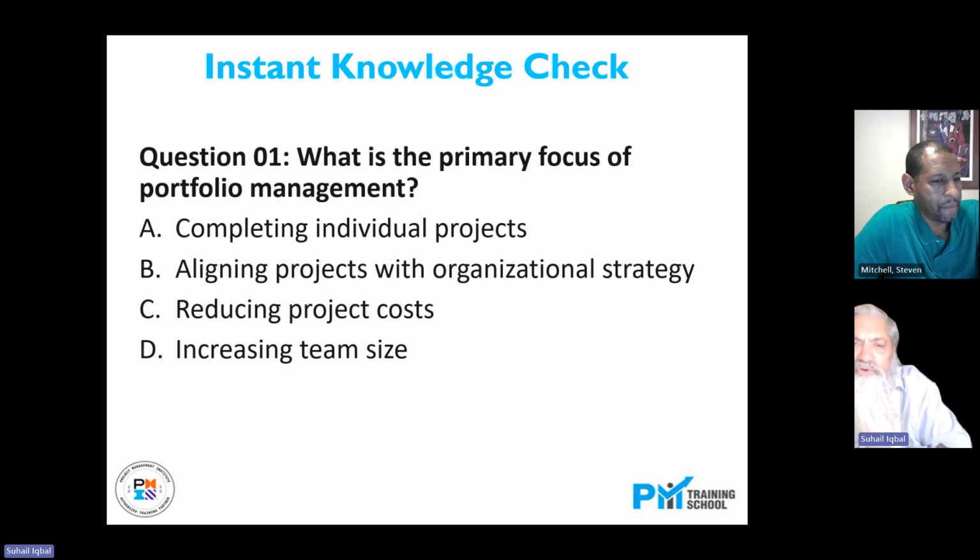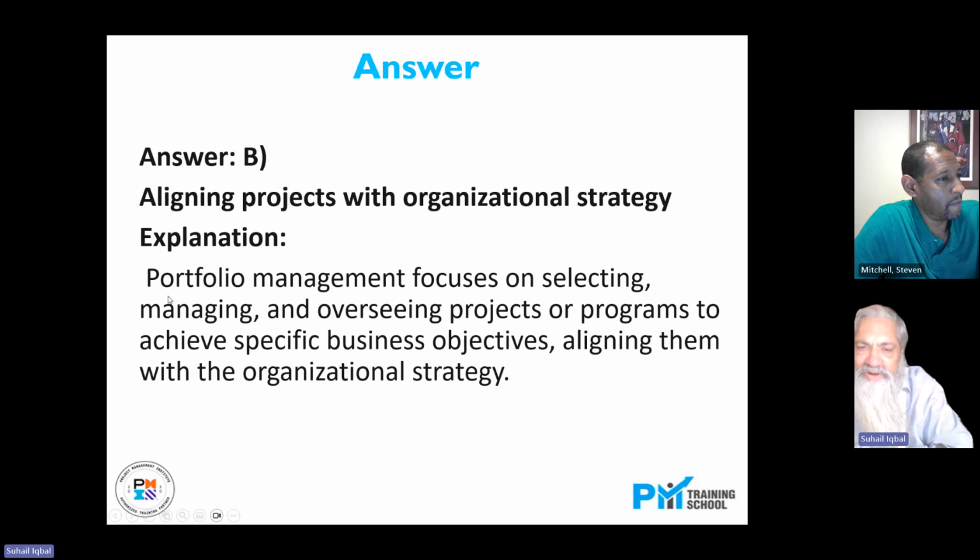What is the primary focus of portfolio management? A. Completing individual projects. B. Aligning projects with organizational strategy. C. Reducing project cost. D. Increasing team size. I'd say B. Good, B is the correct answer.